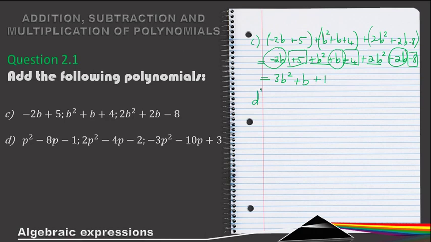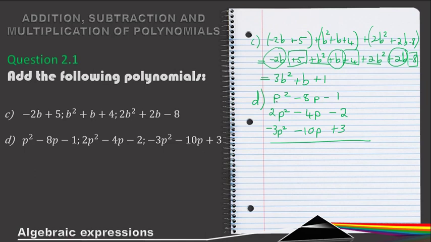For D, listing them underneath each other, p squared minus 8p minus 1, and then 2p squared minus 4p minus 2, and then minus 3p squared minus 10p plus 3.